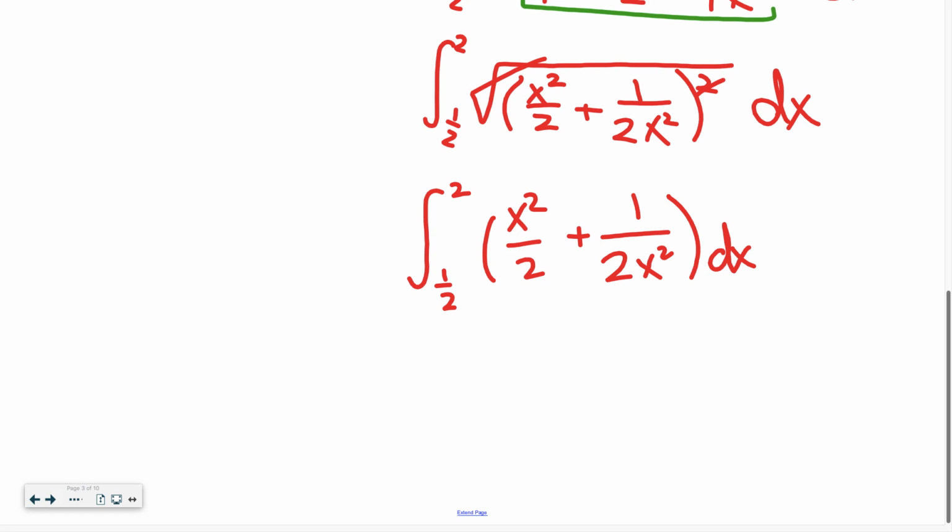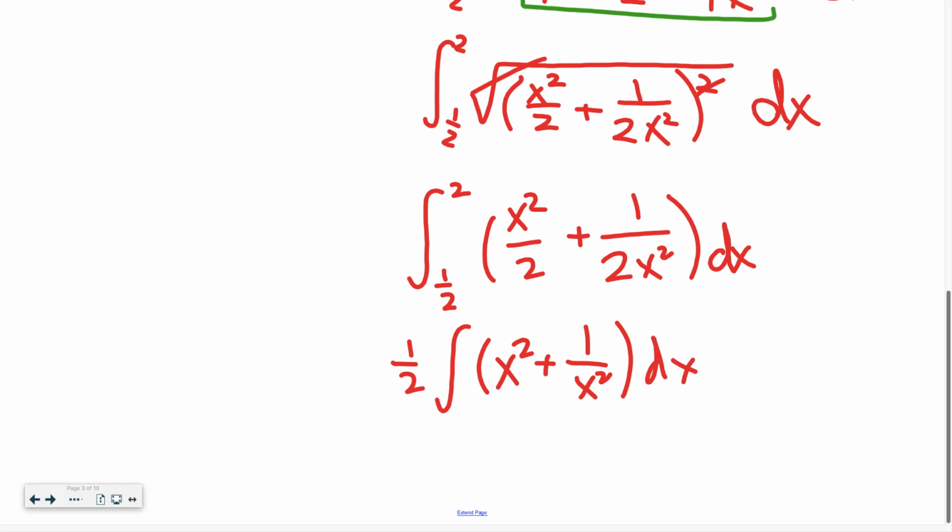Richard, what's the antiderivative of x squared over 2? I put the 1/2 up front. Oh, Richard did this. Very nice. Is that allowable? Of course.